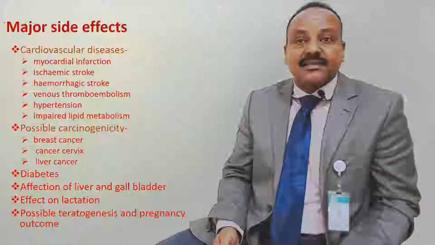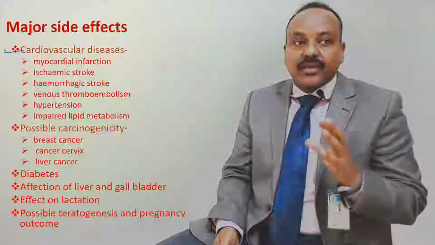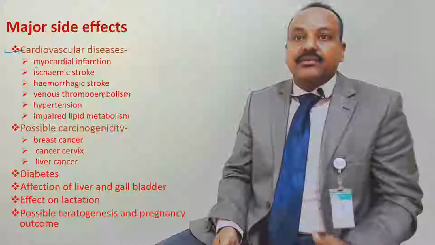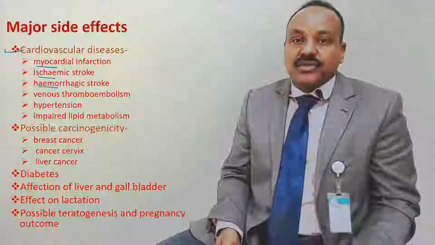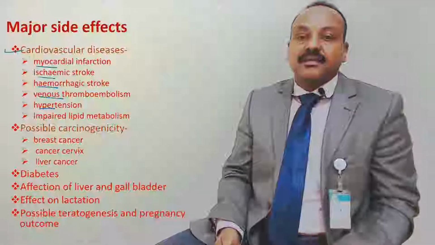The major side effects: cardiovascular disease, myocardial infarction, and ischemic stroke. They found that those who are using the oral contraceptive pill can develop hemorrhagic stroke, venous thrombosis, hypertension, and impaired lipid metabolism.